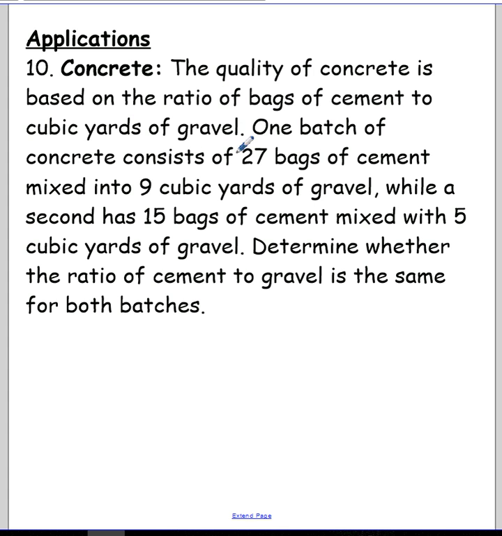So for one batch here we have 27, which represents cement, and 9, which represents gravel. So we'll have 27 bags of cement, and I'll label it with a C, over 9 cubic yards of gravel. So let's put a G there.